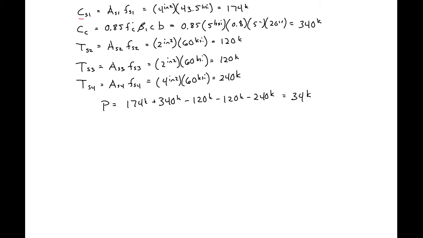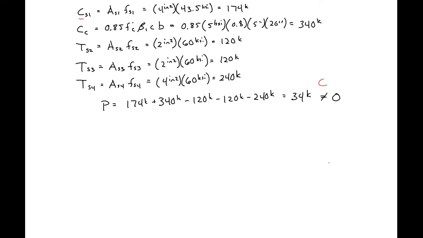We can see that our 34 kips is not equal to 0, so we need to try another C. But we can see that our 34 kips is in compression, so in our next guess, we'll need to decrease our compression force.